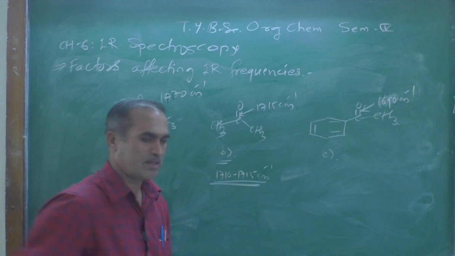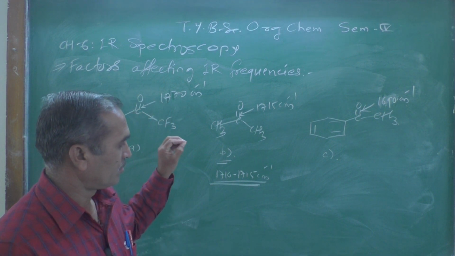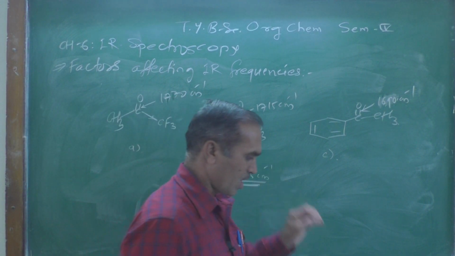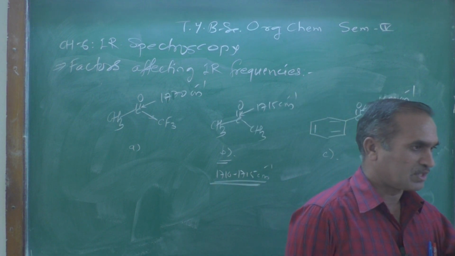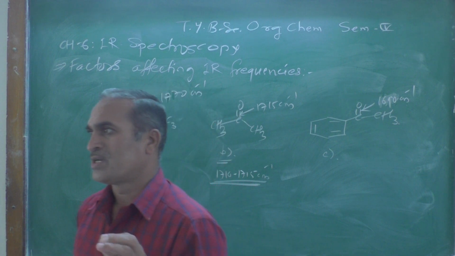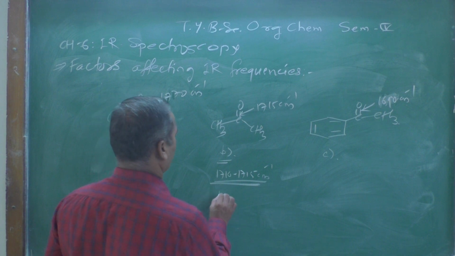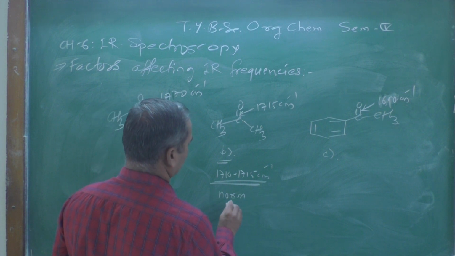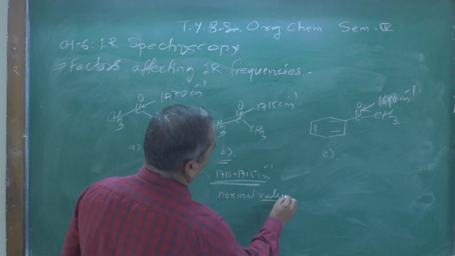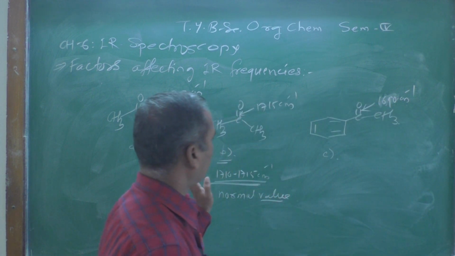This is characteristic of the carbonyl compound: the carbonyl group produces a peak around 1715 per centimeter. This is the normal value of IR stretching frequency, right?